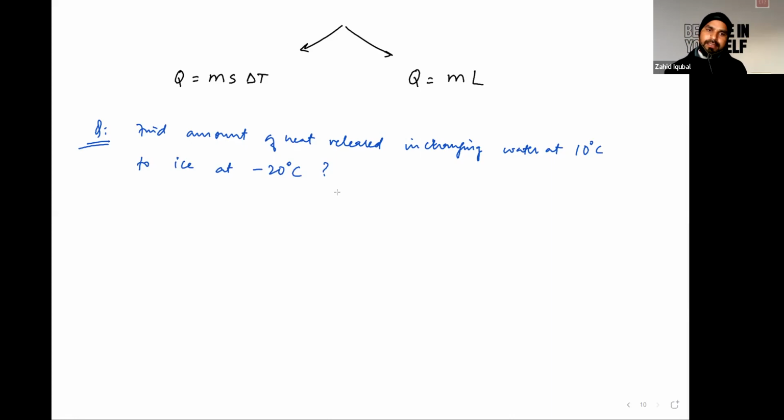So in this part, let me just show you a graph related to this particular conversion.